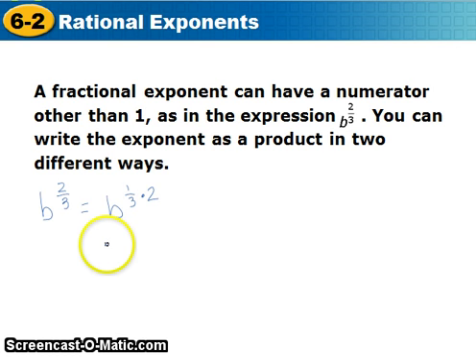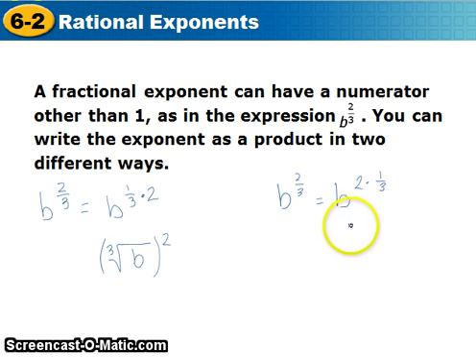So think about that as the cube root of b, and that's being squared. Or we could write b to the 2/3 as b to the 2 times 1/3. So we're just flipping the order, and multiplication is commutative, so that's okay.